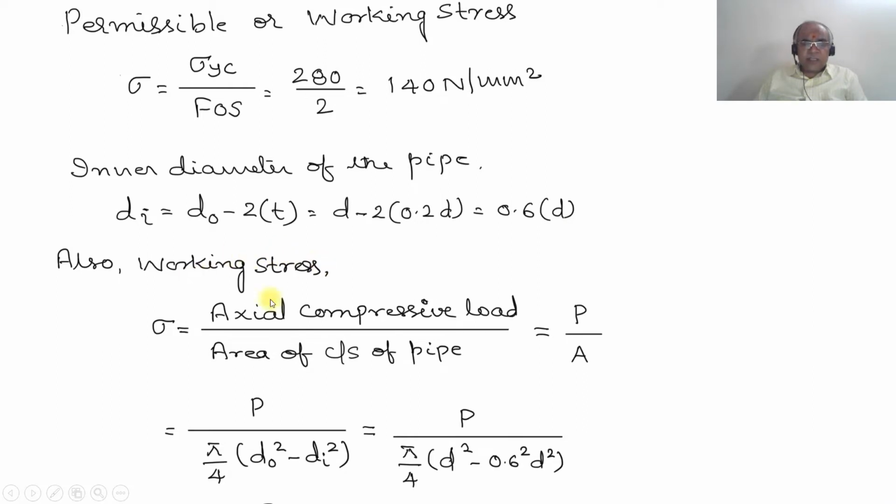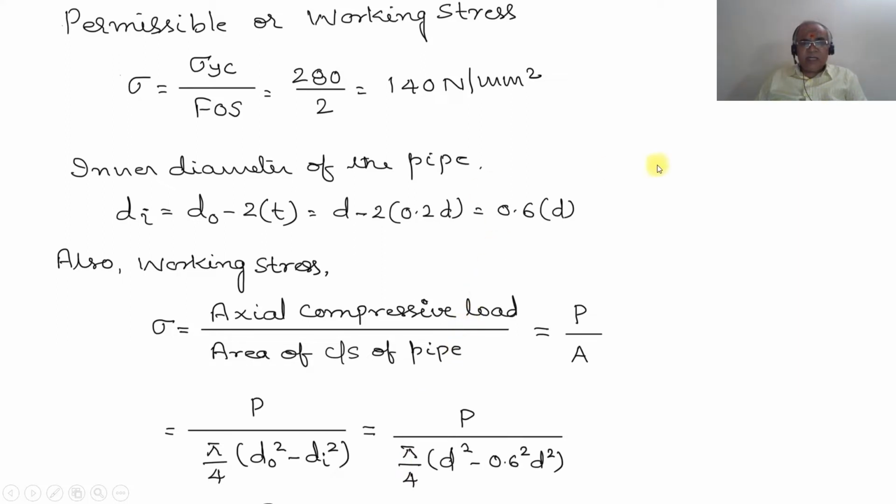What is working stress? Sigma is equal to axial compressive load divided by area of cross section of the pipe, so that is equal to P by A. Since it is a hollow cylinder, the area of cross section is pi by 4 into D naught square minus Di square.